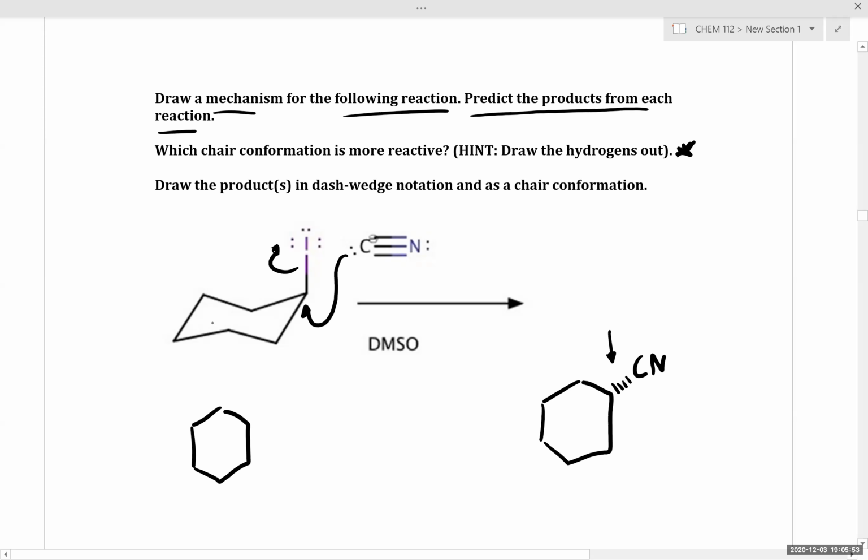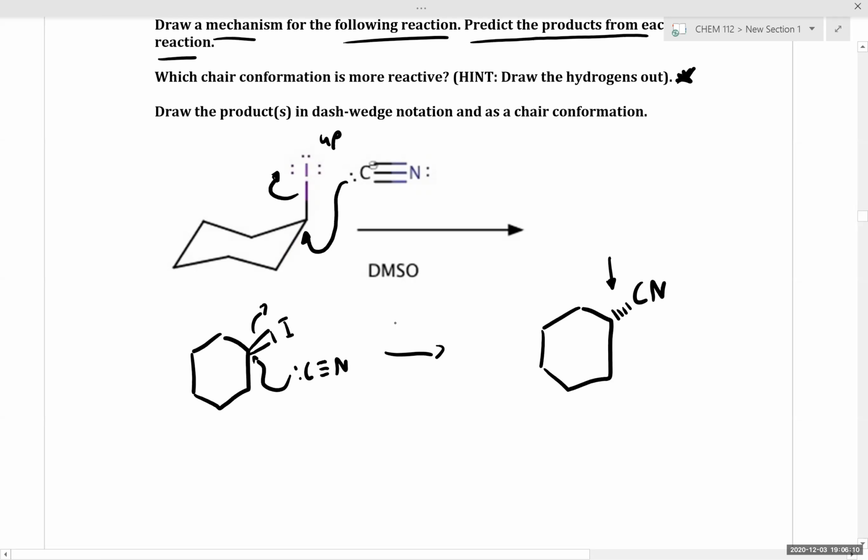In this initial starting material, the iodine is pointing up out of the page, so it should be assigned a wedge. Cyanide attacks opposite to our leaving group, and the SN2 reaction occurs with inversion. So that's why we end up with a dash. Practically, if our cyanide has a dash, it would look like this.